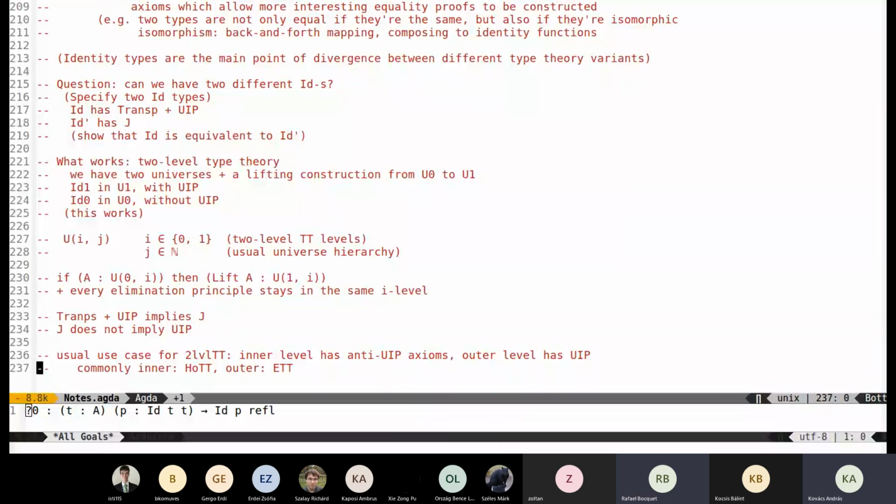No, I would say it's actually very useful, because it's a way to get univalence for the inner layer, but in a well-behaved way, in a way that does not imply UIP. Oh, yes. Because then for the inner layer we can have a univalent equality reflection, right? Yes.